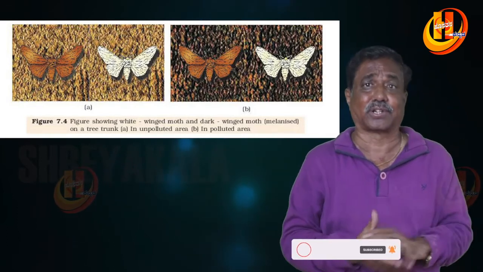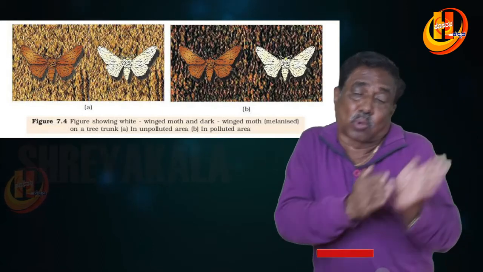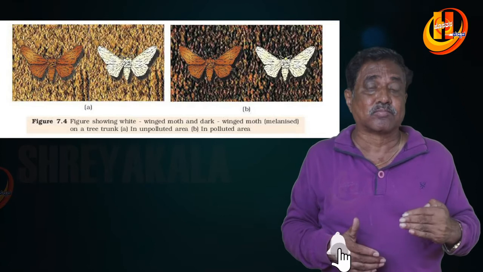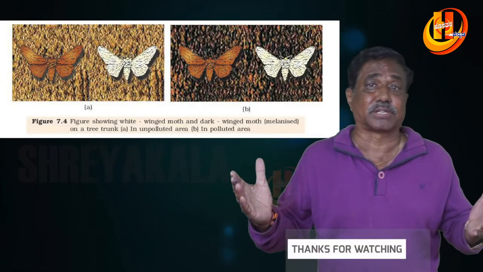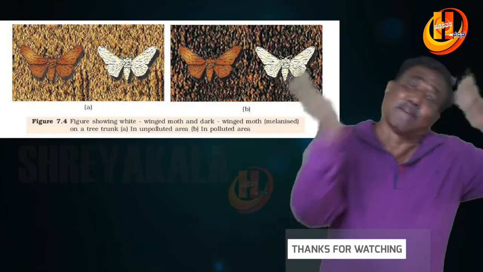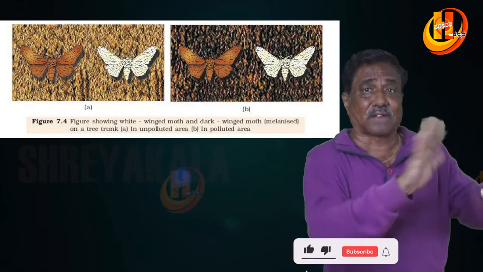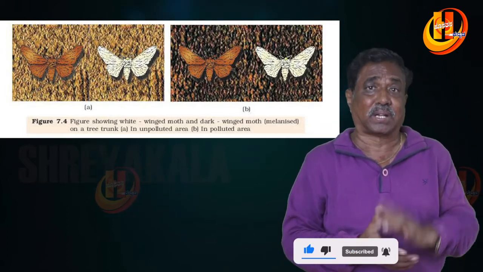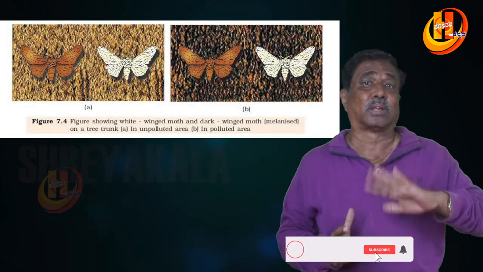When the industrial revolution began, from 1850 to 1920, in this period only melanic forms survived, because the gases emanating from the chimneys of the factories and industries gave a black colored background with cryptic coloration. Everywhere there was pollution. Lichens are the indicators of pollution. If lichens are present, it means no pollution at all.